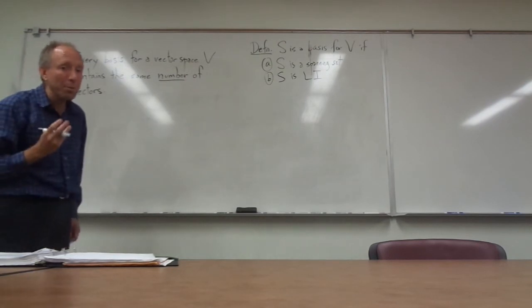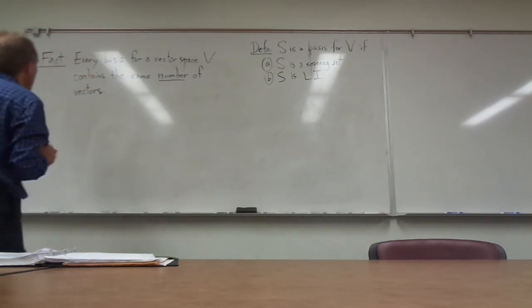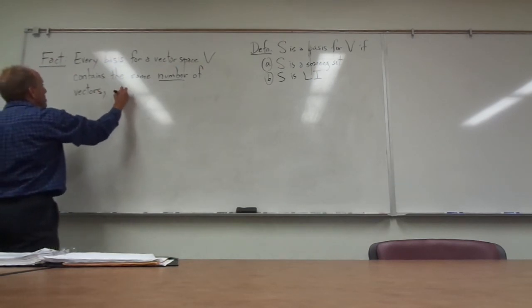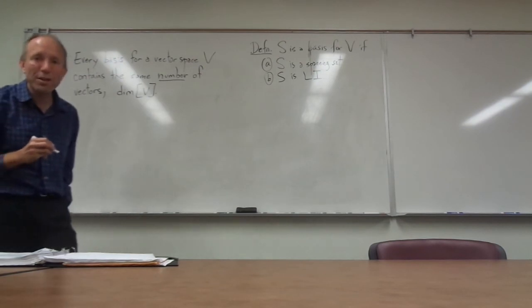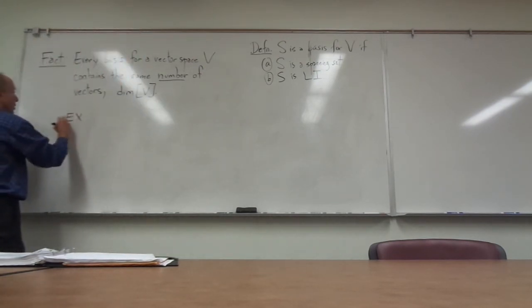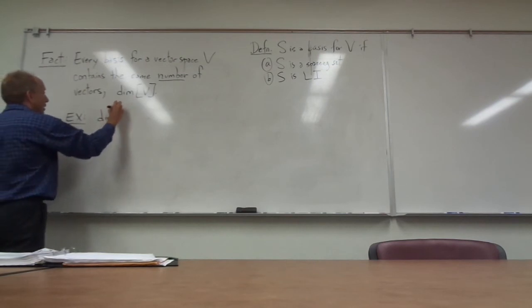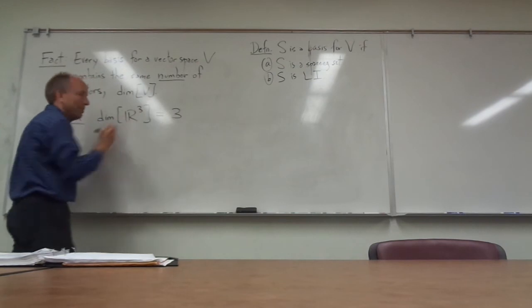They have to have the same number of vectors. And that is called the dimension of V. So, for example, the dimension of R3 is just 3.